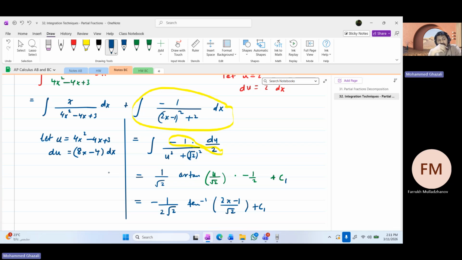But we don't have 8x minus 4. How can I convert this to make it 8x minus 4? If I put 8 here, how can I get 8x minus 4? Which means that I need to minus 4, so I need to add 4. So minus 4, add 4, all right? And then I need to multiply it by 8.